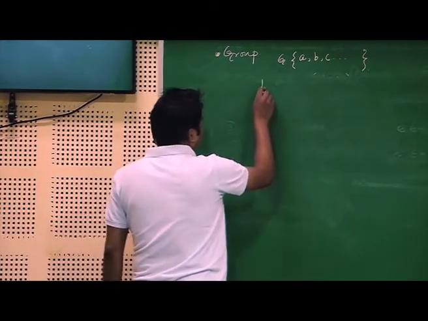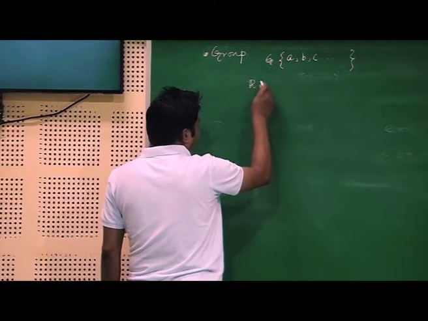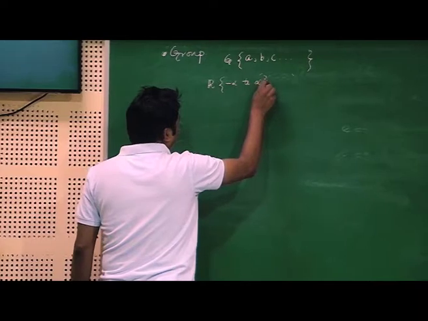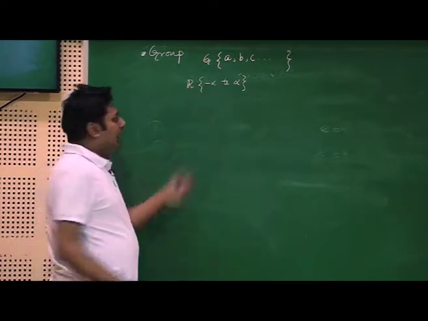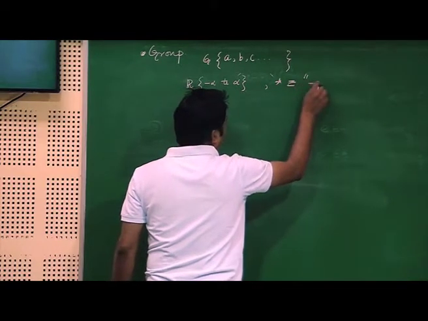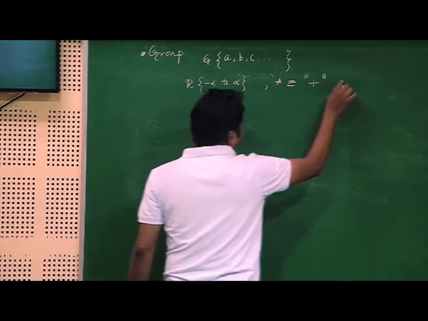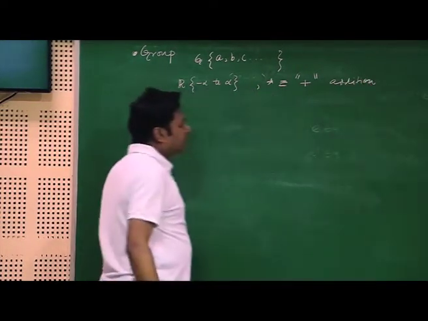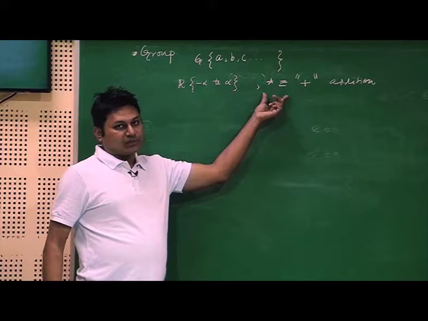So, let us say R is my set, minus infinity to infinity, all the numbers. And my binary operation star is simple addition, plus.